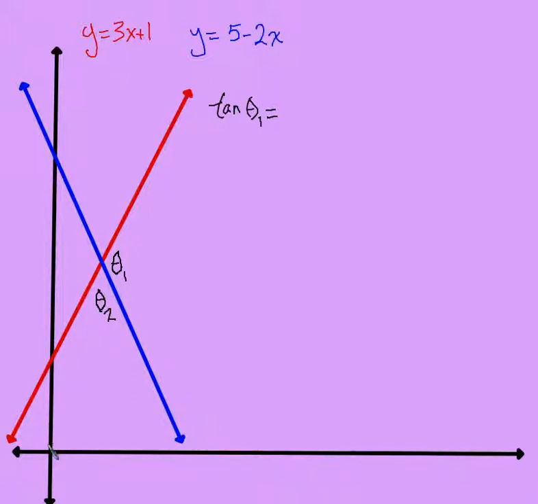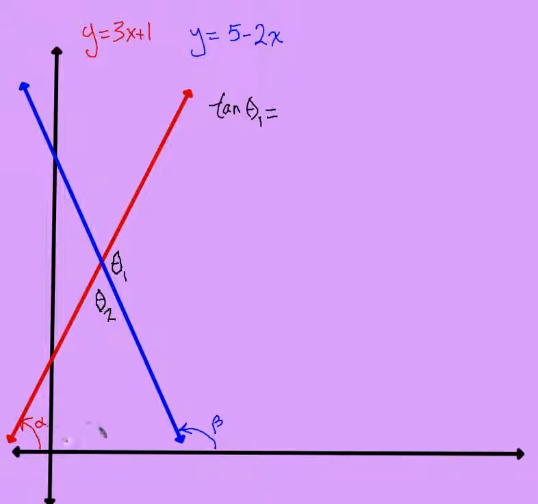So the angle of inclination here, that's the alpha, what we referred to on the previous page as the alpha, and then this one here is our beta.